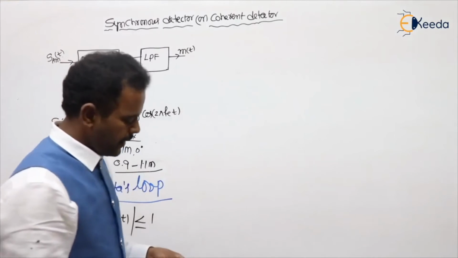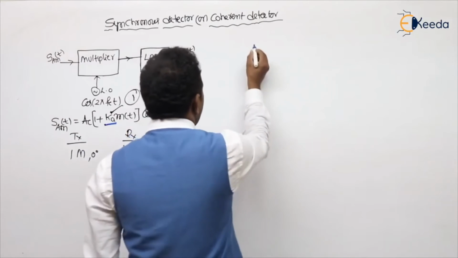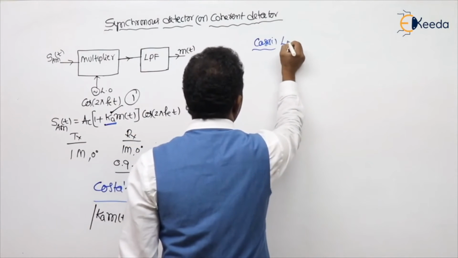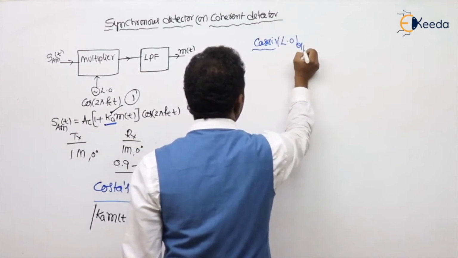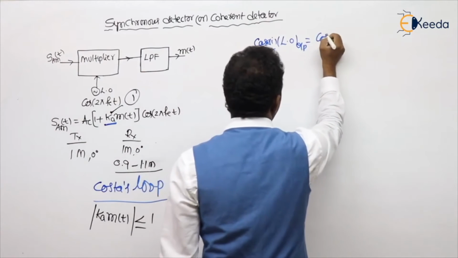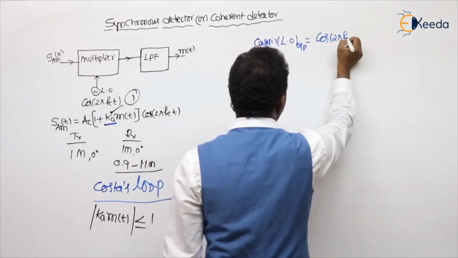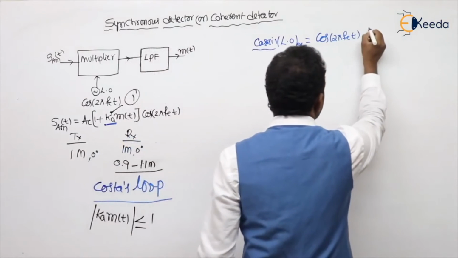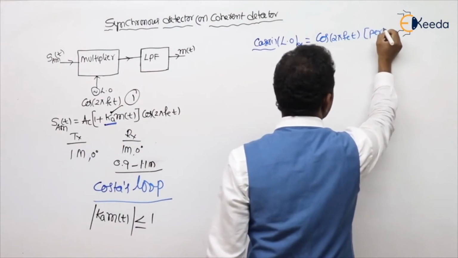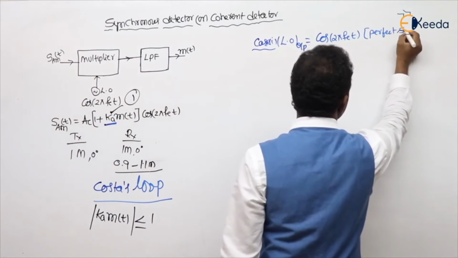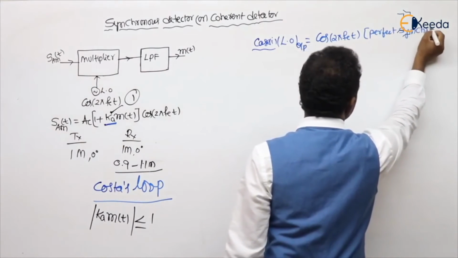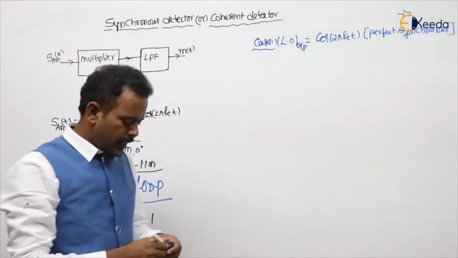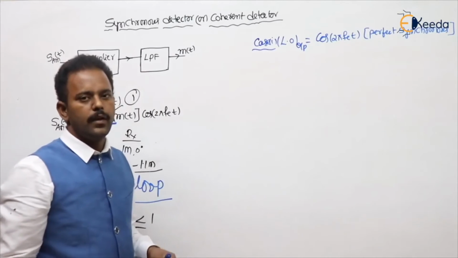So case 1: local oscillator output is cos 2 pi fct. This is the perfect synchronization case. Got my point?